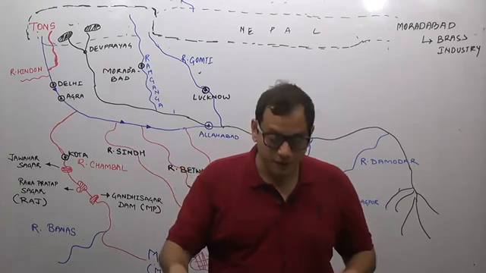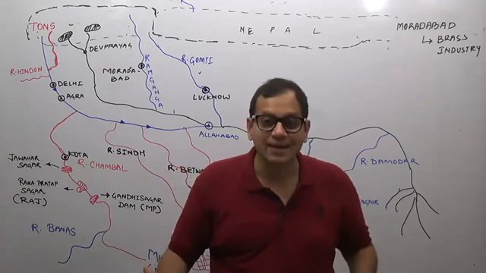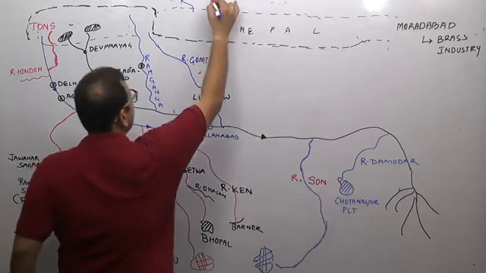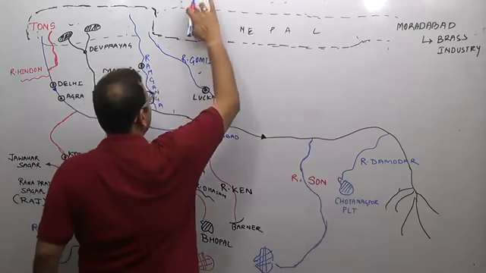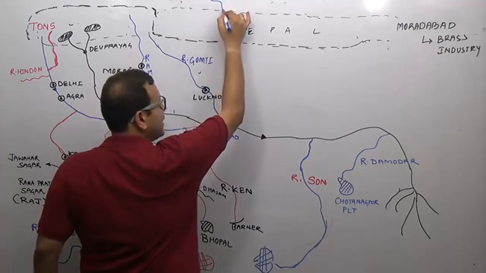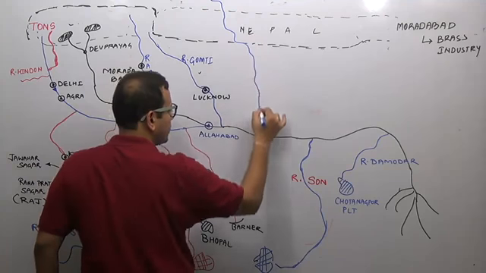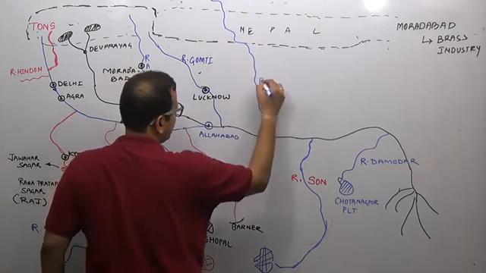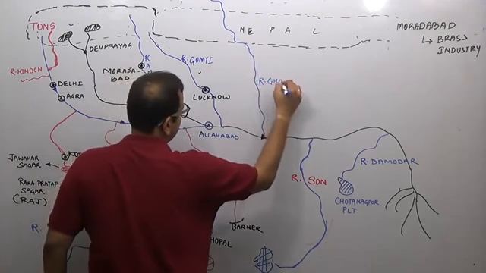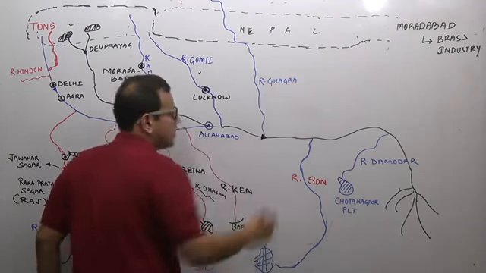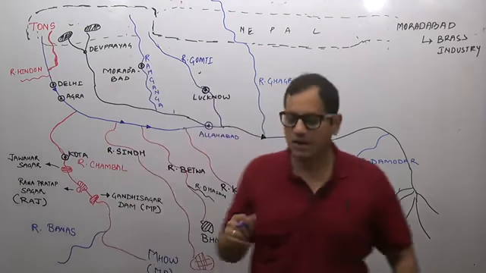Now the important river which originates outside India is known as river Ghagra. It originates higher up near the Mansarovar lake, enters Nepal, and after that it enters India and is known as river Ghagra.